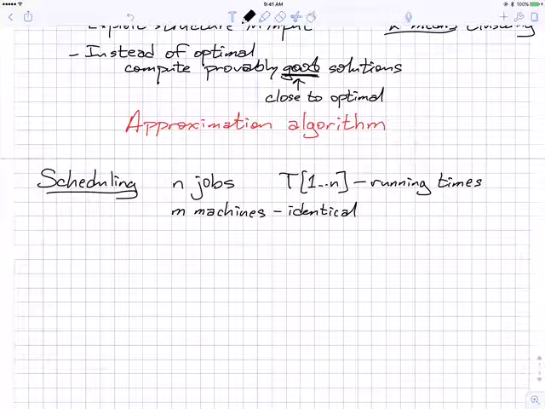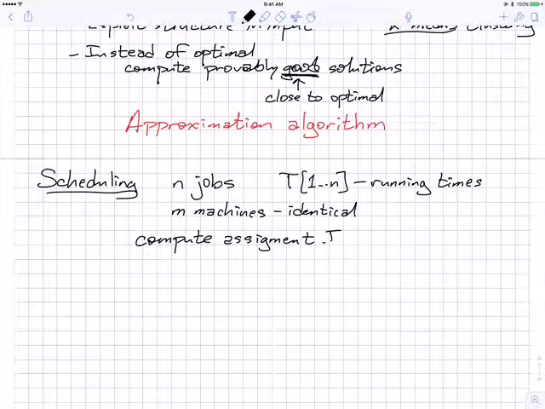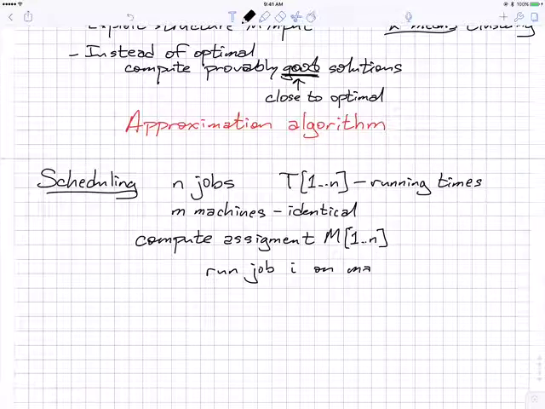Okay, so I want to compute an assignment, which I'm going to write as, let's just write it this way, 1 through n, where I'm going to run job i on machine M sub i.